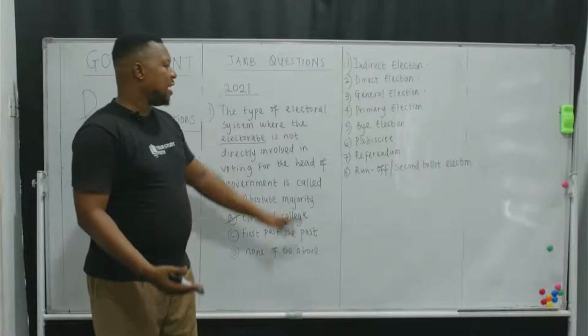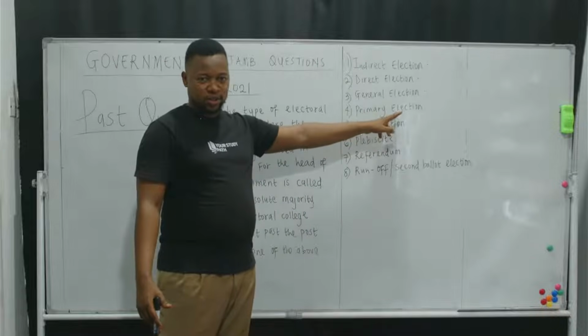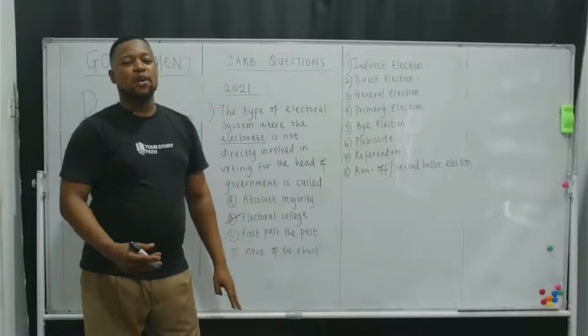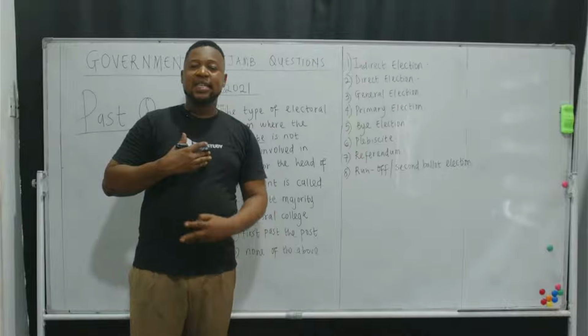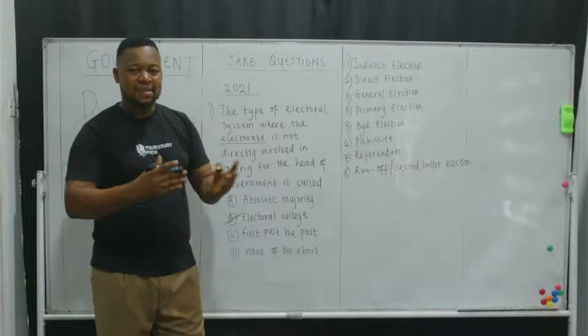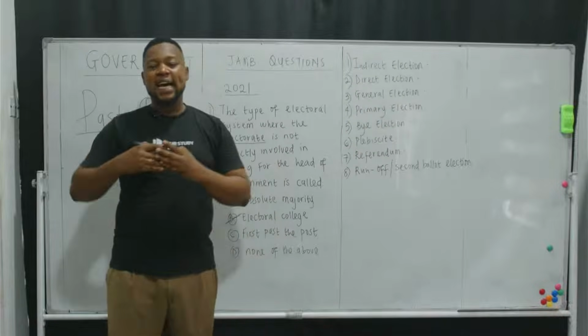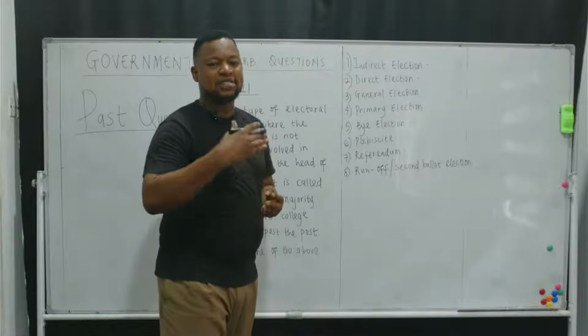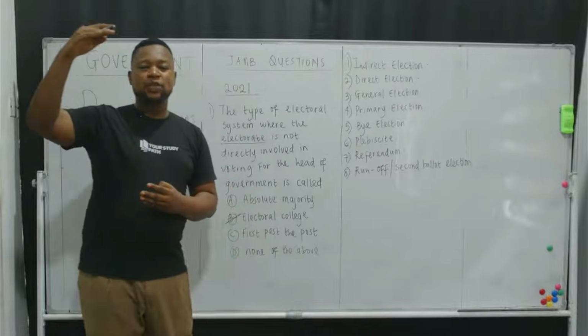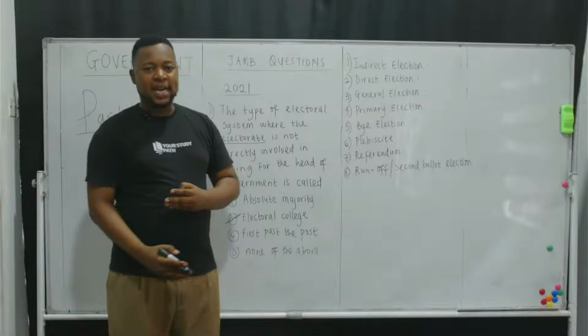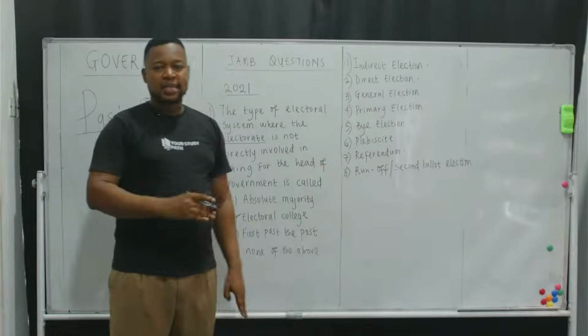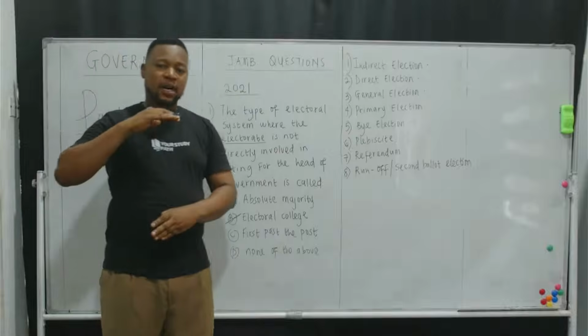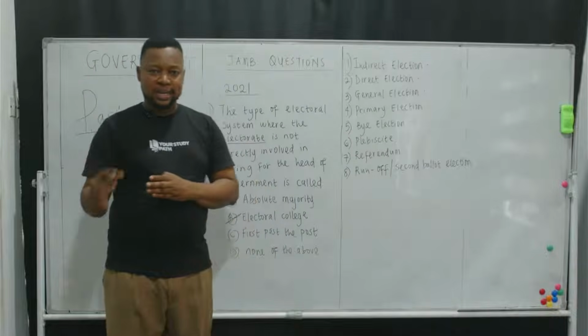While general election is the election that follows the primary election, where political parties give the electoral commission the names of their flag bearers, that is, the people that will represent the interest of their party at different levels: at the presidential level, the governorship level, the local government level.